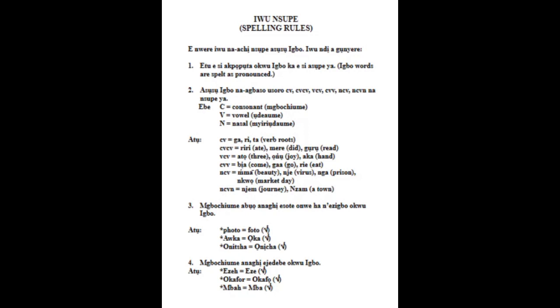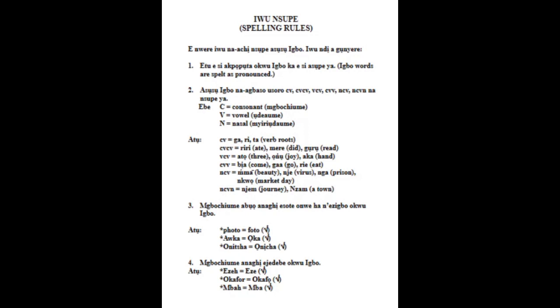In our number two rule, the last examples, I told you that the first letter and the last letter in Njem and Nzam are not consonants. Consonant is mgbochume, so they are nasals, nyirudame, and not mgbochume at that point.